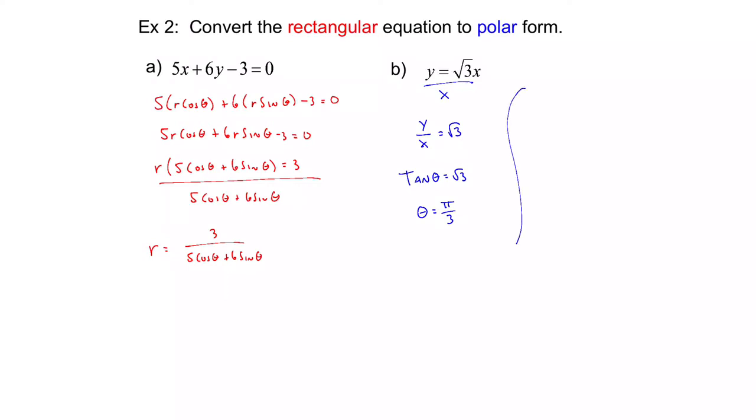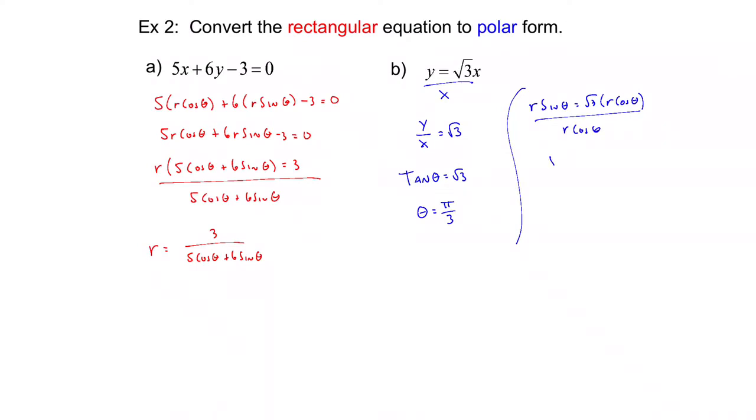Now some of you might have looked at this and said, well, I didn't look at it that way. I said y was equal to r sine of theta, and then we had the square root of 3 times x, which is r cosine of theta. Well, that's perfectly fine. You could have divided by r cosine of theta to get the r's on the same side.